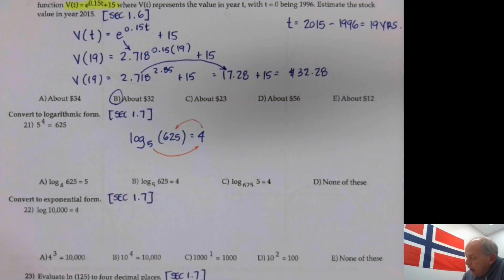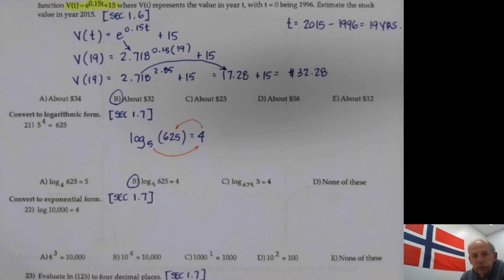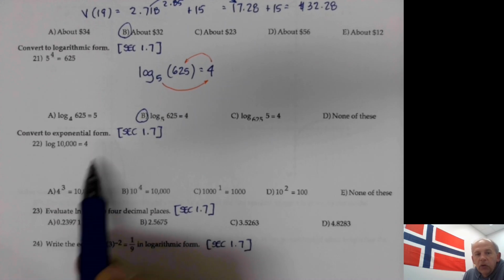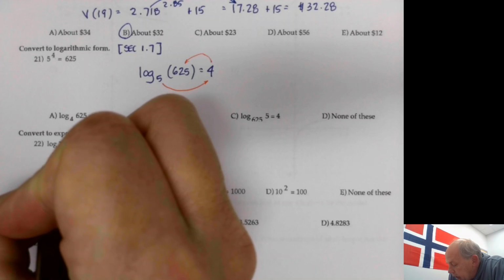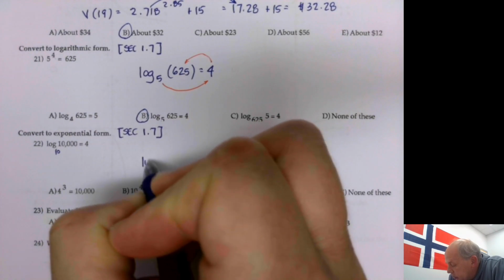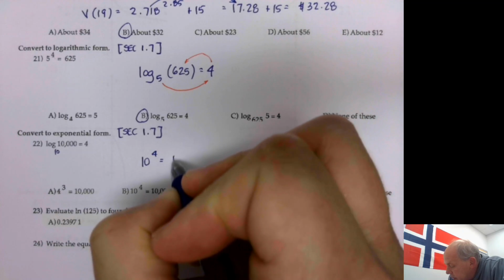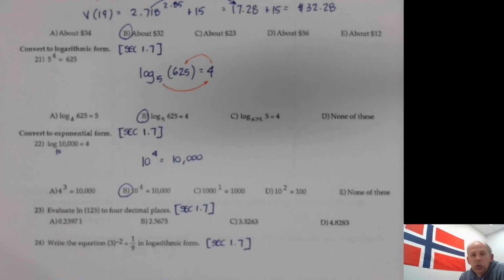Going around, 5 raised to the 4th power is 625. 22, going the other way, the logarithm of 10,000 is equal to 4. Don't forget, when there's no value as my base, it's an understood 10. 10 raised to the 4th power is 10,000. Again, my choice is B.